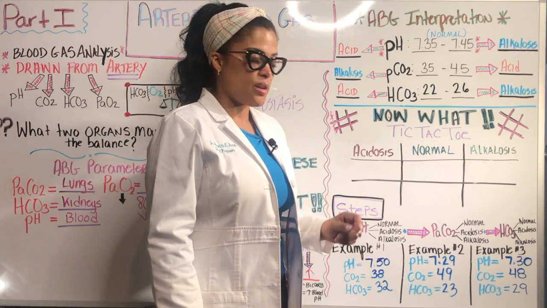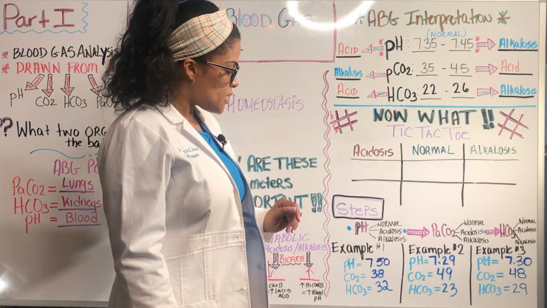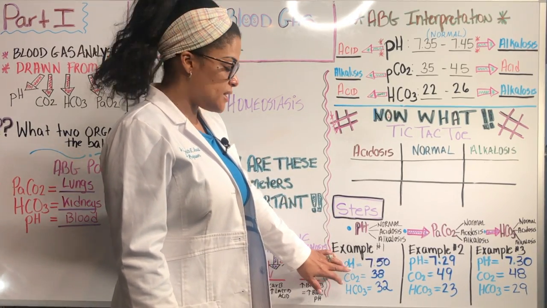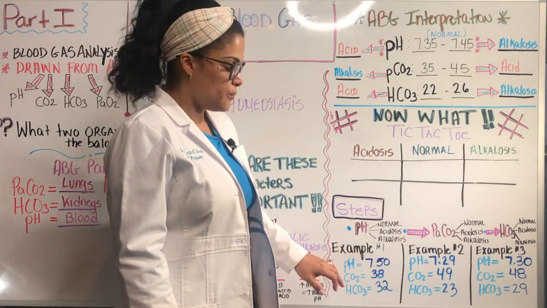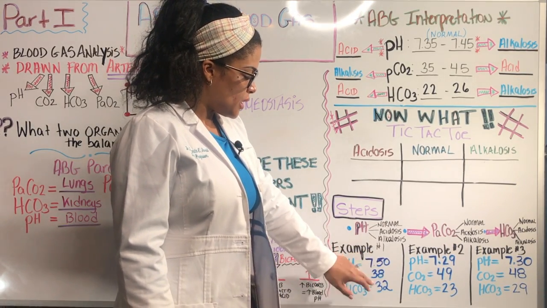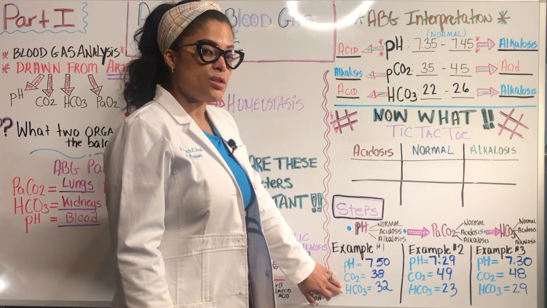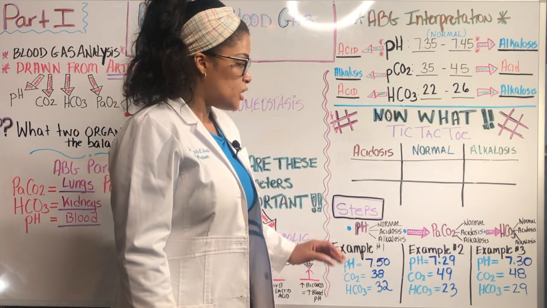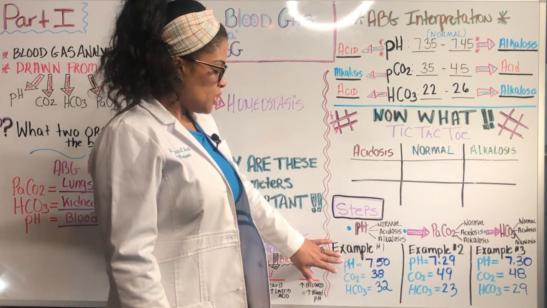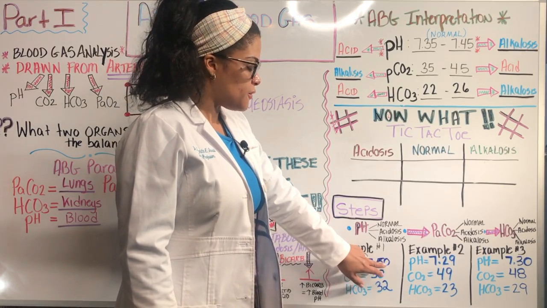So we're going to get started. The first example tells us that the pH is 7.50, the CO2 is 38, and the bicarb HCO3 is 32. So let's start plugging them in. Our pH is 7.50.